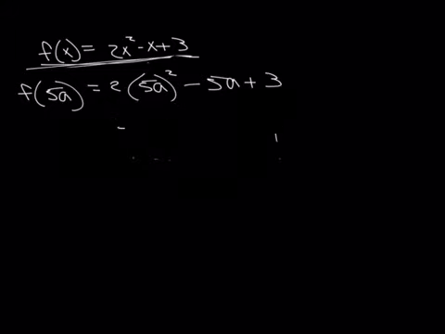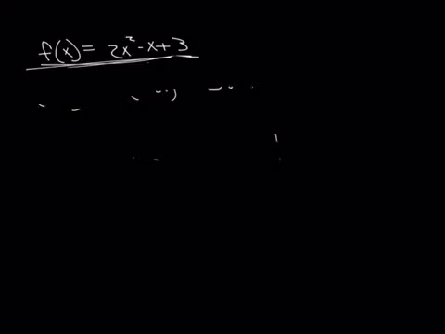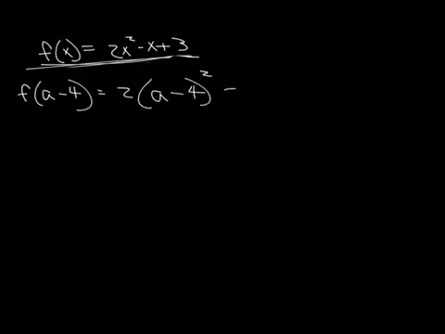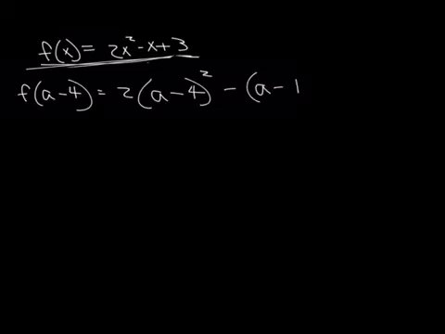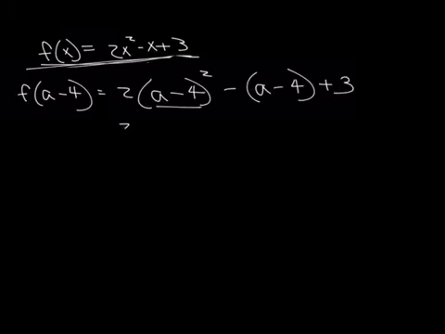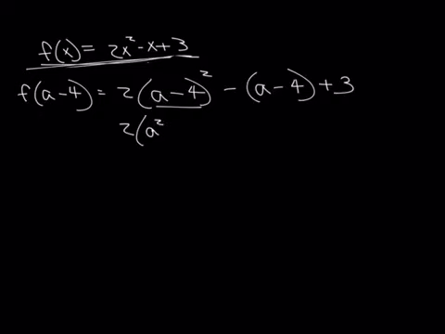Let's do D here using the same equation there. It takes me a little bit of time to erase here. f of a minus 4 equals 2 times a minus 4 squared. So we're just replacing the x value with a minus 4. That's all it's asking us to do. So then we've got a minus 4 squared, so we get 2 times a squared minus 8a plus 16 minus.